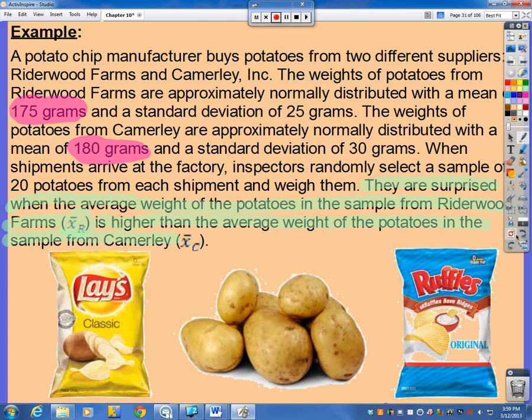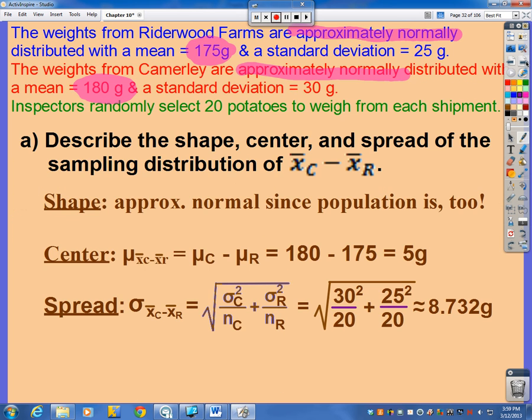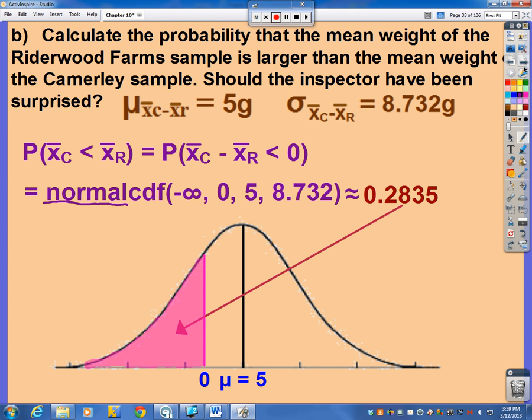In the original problem, we were given the standard deviation of the population. These two numbers here, the 25 and the 30, represent sigma. Okay, we know the population standard deviation, which means we get to use normal CDF.